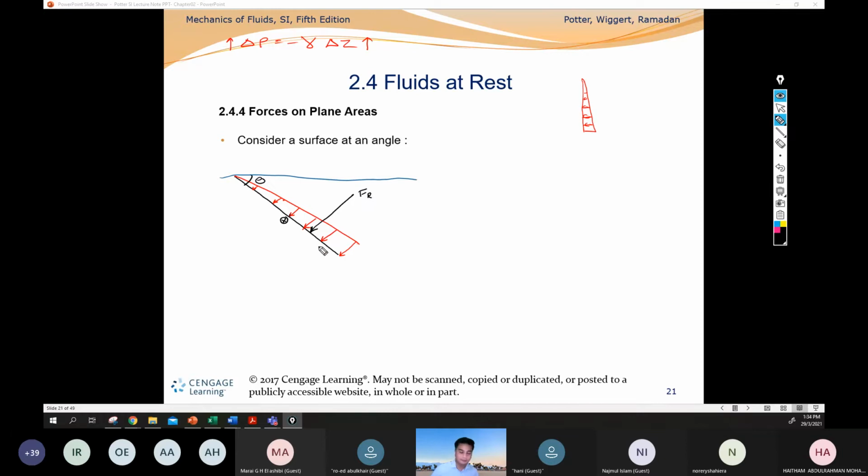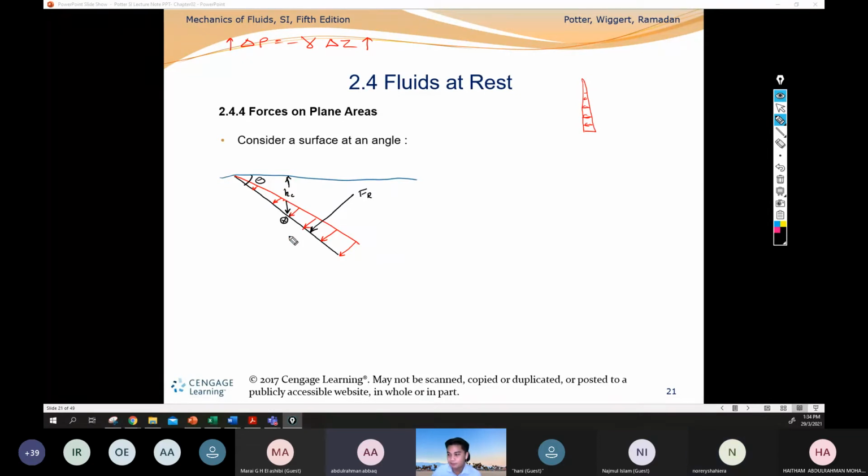So this we call FR, the resultant force. From the centroid to the surface, what do we call it here? HC, from the surface to the centroid.